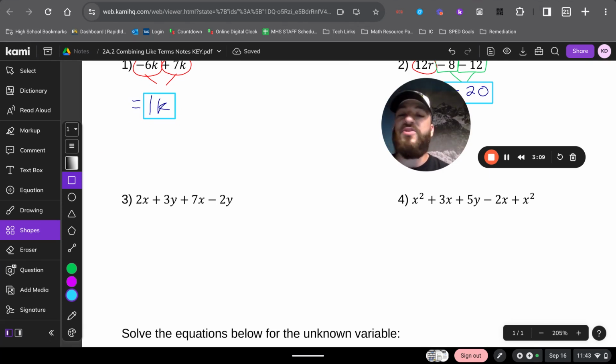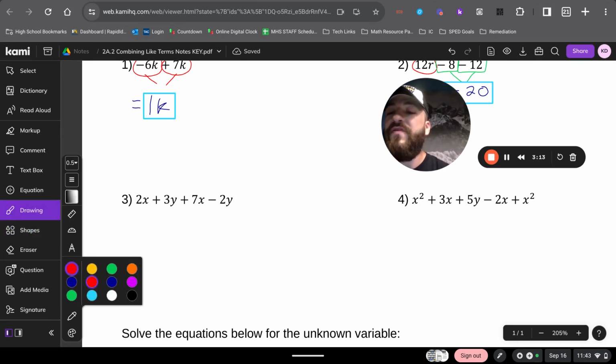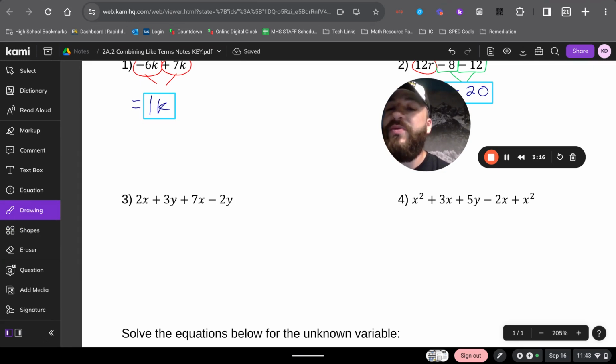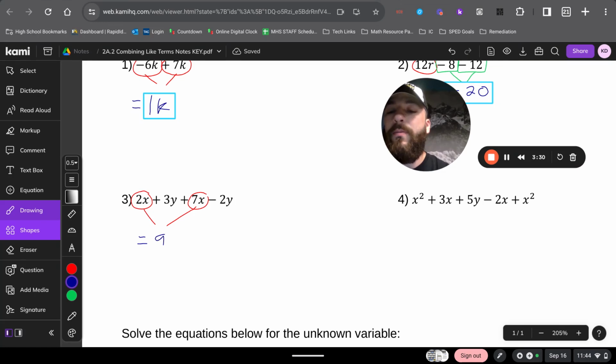So number 3, we have 2x plus 3y plus 7x minus 2y. First and foremost, I want to check my 2x. Do I have any other terms in number 3 that are like 2x? I do, and that would be 7x here. So positive 2x and positive 7x are going to equal positive 9x.